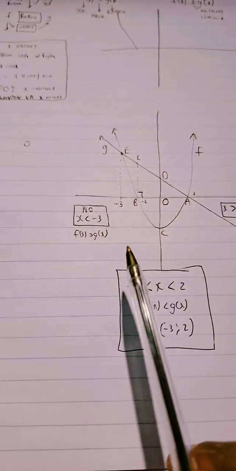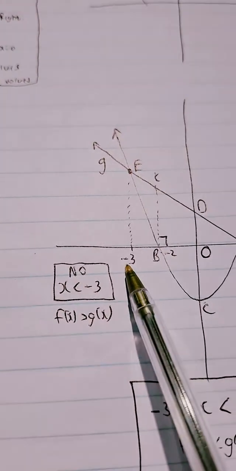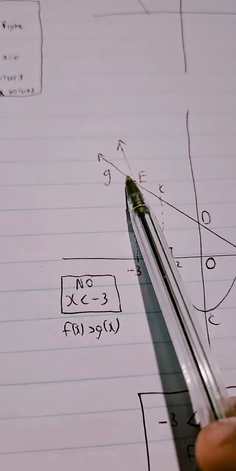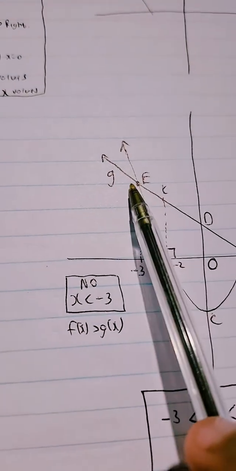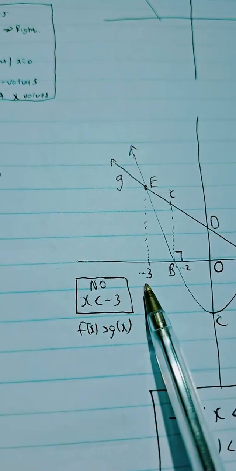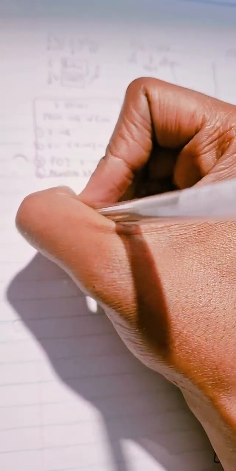Yeah. So if you think about it practically, where x is less than negative 3, f is above g, but where they are on each other is at negative 3. So if I wrote the answer for f of x greater than or equal to g of x, I'd say x is less than negative 3.